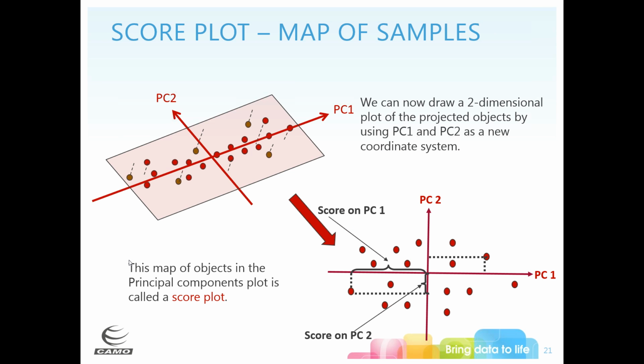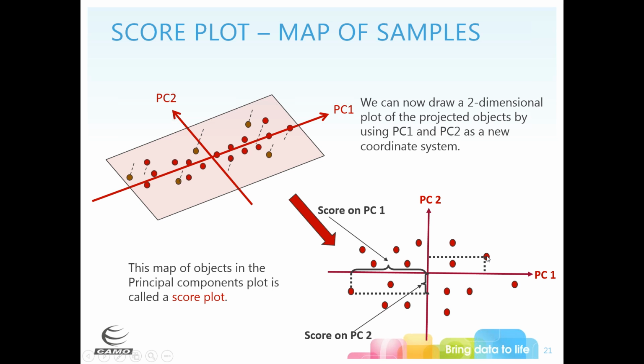So now that we've defined our PC1 and PC2, we redraw the plot by projecting the points into that PC space. So the x-axis is defined along PC1, the y-axis is defined along PC2, and where those data points fall in that space is called a score, which is just how far along PC1 this data point is.